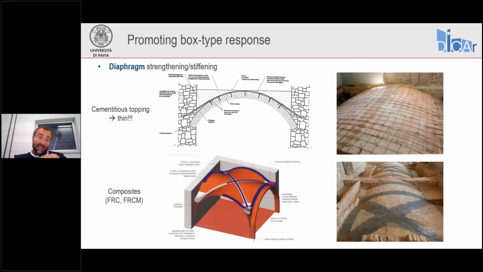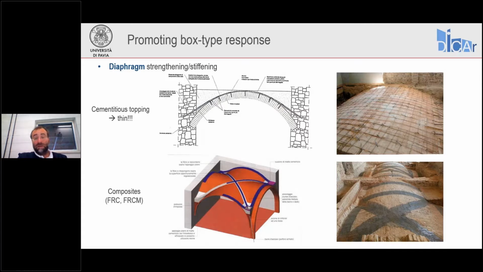And finally, let's look at what to do quickly with walls. Here we need to be careful. We need to avoid thick concrete topping. We may use a lightweight concrete collaborating slab, for example, 4 centimeters thick or so, with proper shear connectors so that it can work together with the underlying masonry.